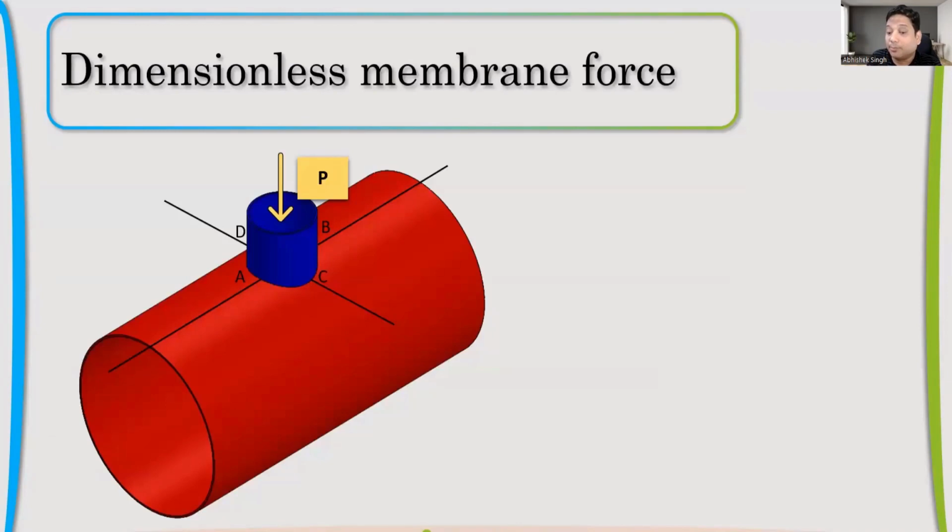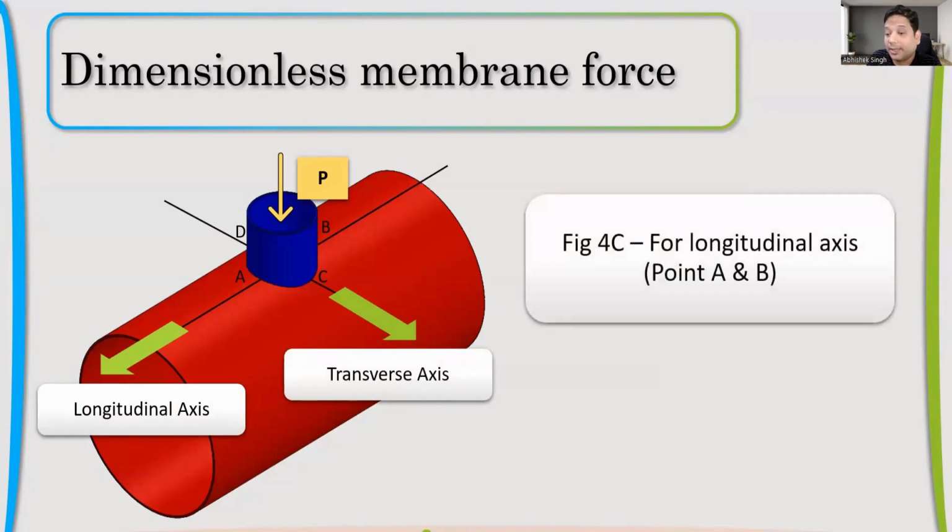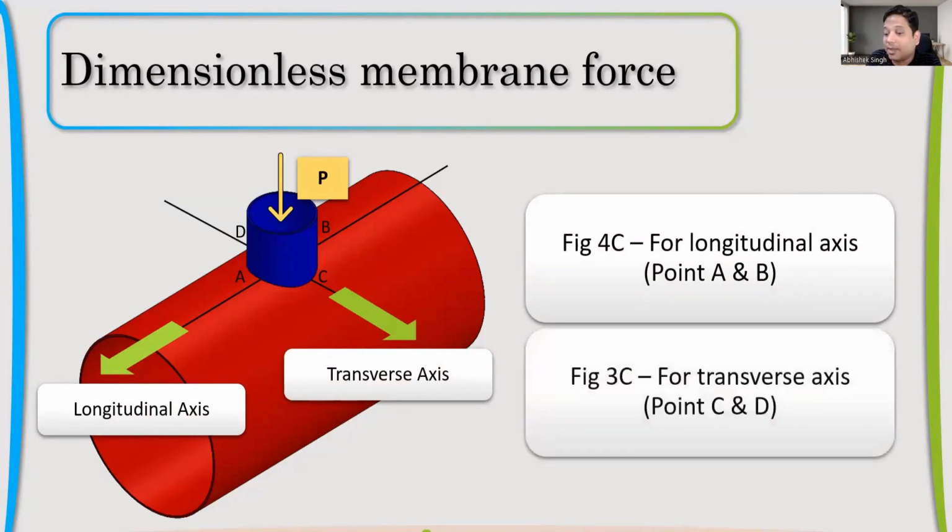So in both directions we can get the value of this dimensionless constant. Figure 4C will give you the constant value for the longitudinal axis at points A and B. Figure 3C will give you the value for the transverse axis.